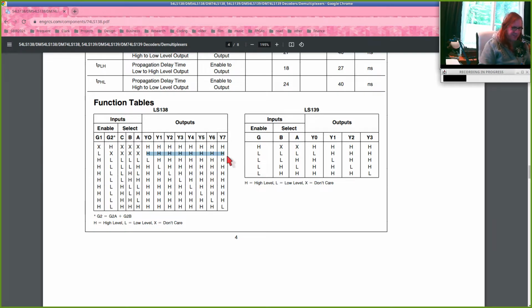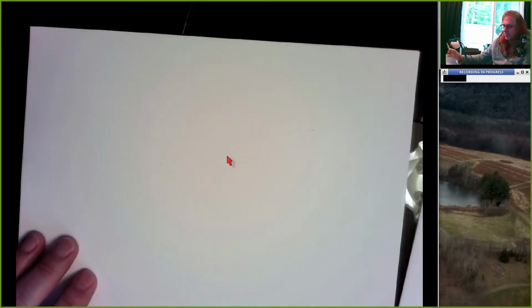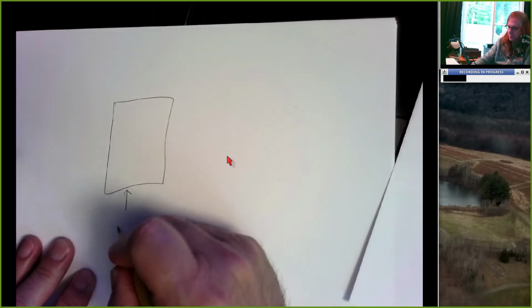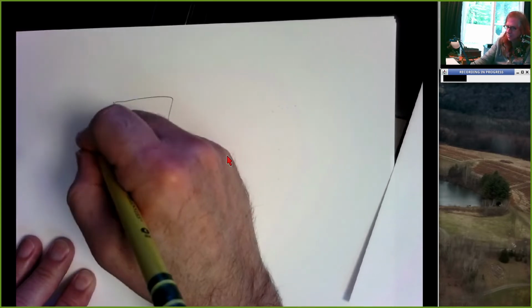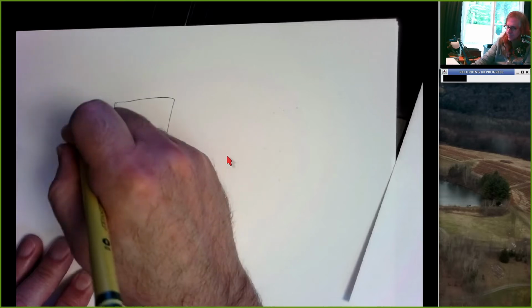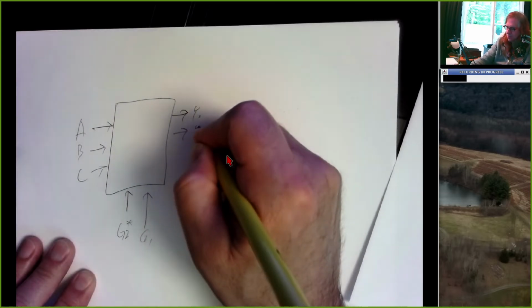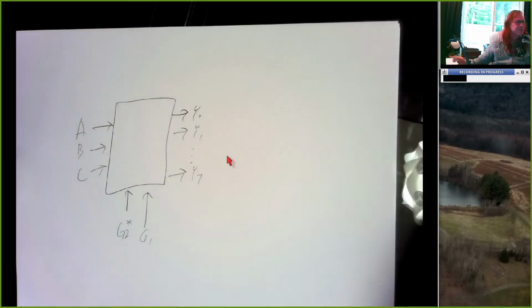And if we were to do a system diagram for this, it might look something like this. There's a G2 star, there's a G1, here's an A, B, C going in, and here are 8 outputs labeled Y0 through Y7.